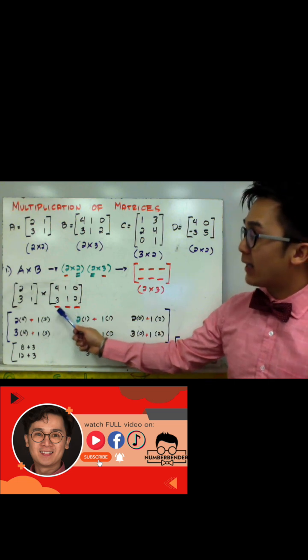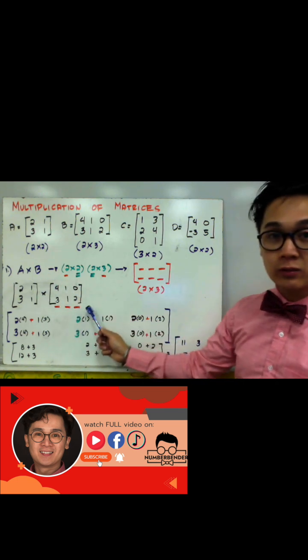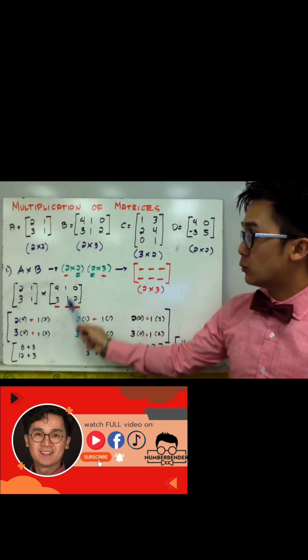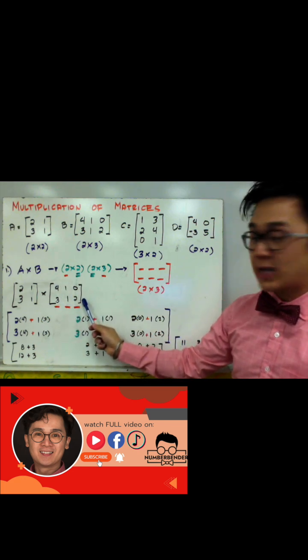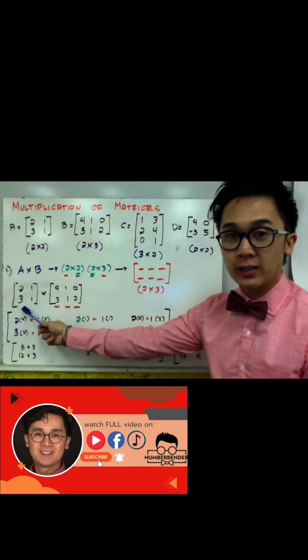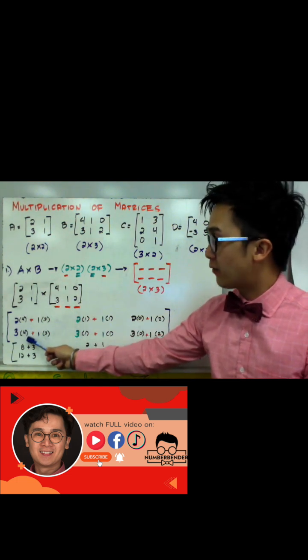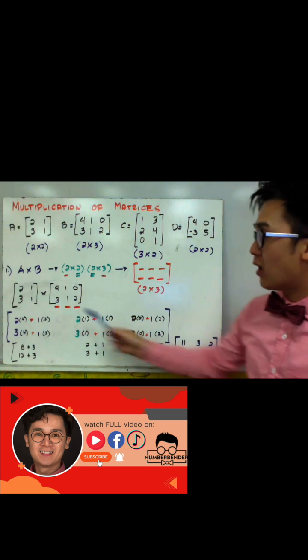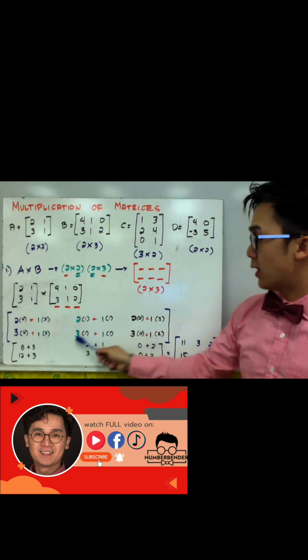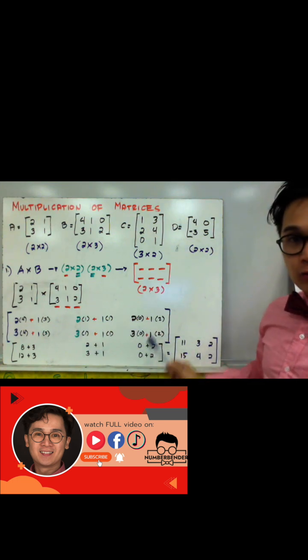Once again, it is the second matrix whose columns you need to count. We have 1, 2, 3 columns in the second matrix, which means we're going to copy the first matrix 3 times. So we'll have 3 sets of matrix A: 2, 1, 3, 1, 2, 1, 3, 1, 2, 1, and 3, 1.